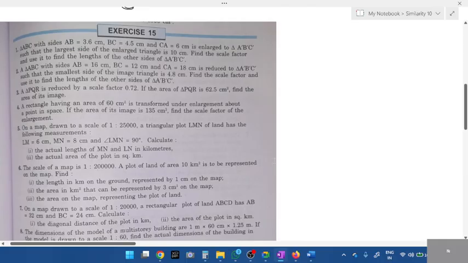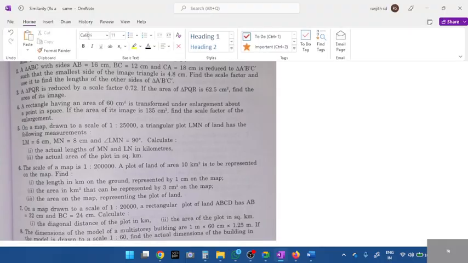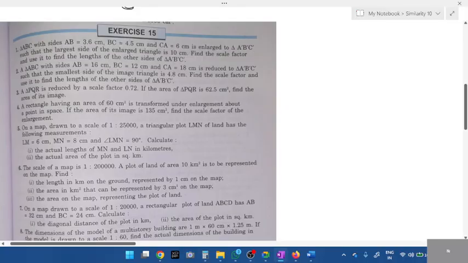Yeah, look at the first question, students. What is given here? ABC, which side is enlarged? After enlargement, can you see A dash, B dash, C dash? Is the image enlarged or reduced? Enlarged. These are the keywords.